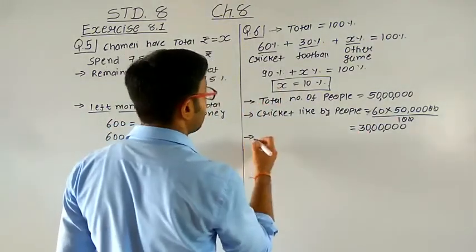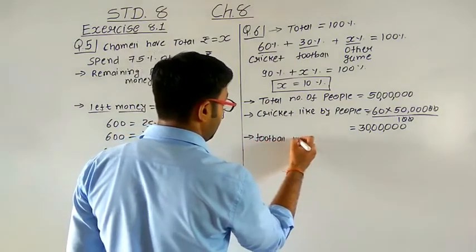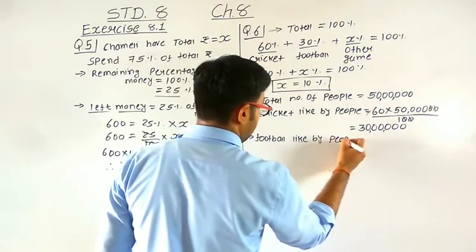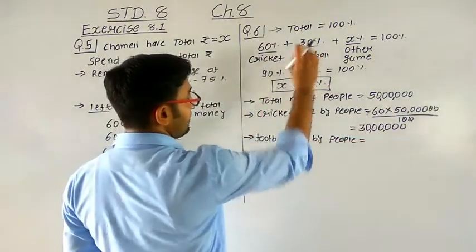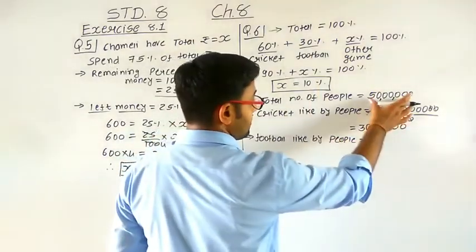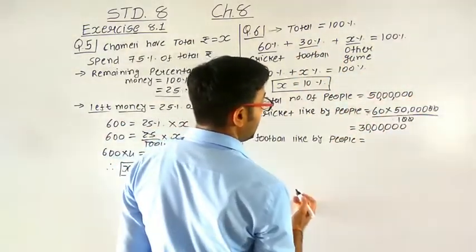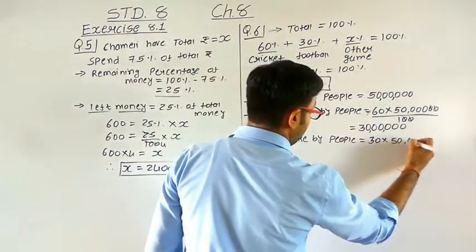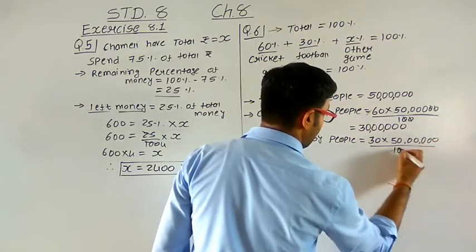In the same way, football. Football liked by people is equal to, what is the percentage of football? 30. The total number of people is 50 lakh, so 30% of 50 lakh is 30 into 50 lakh upon 100.